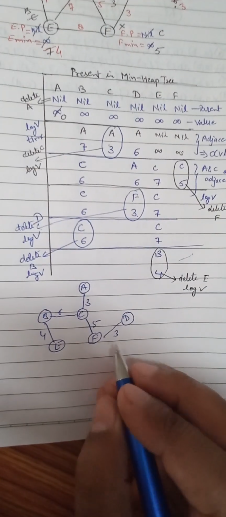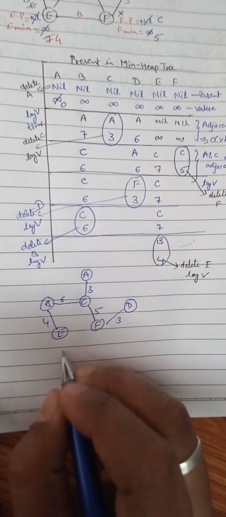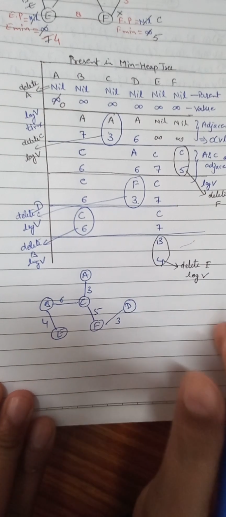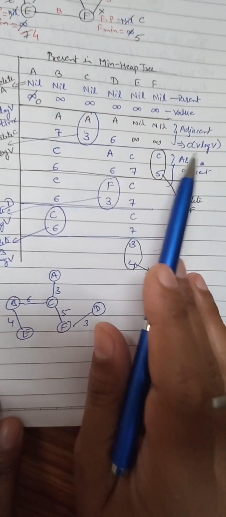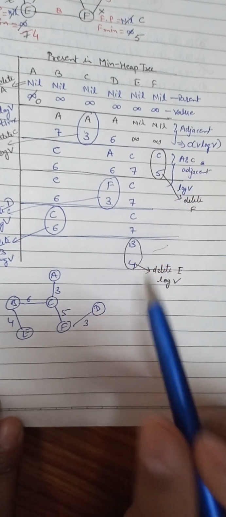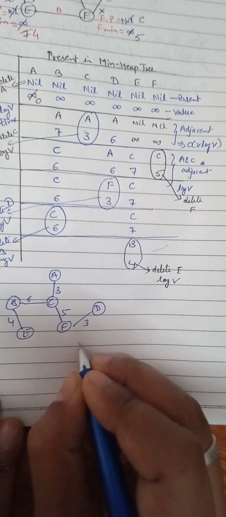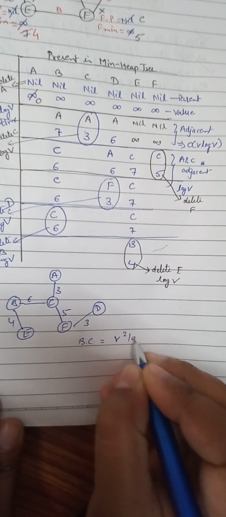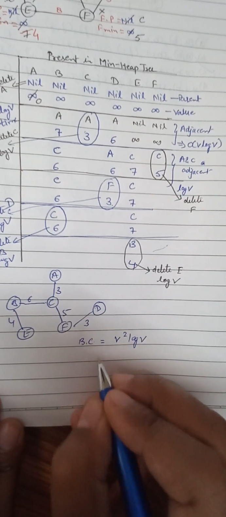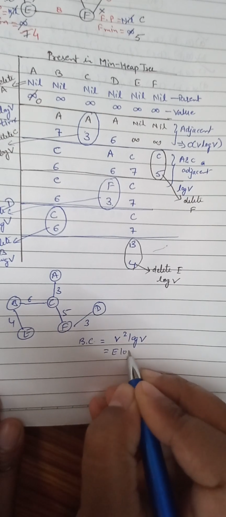So we can say simply V vertices, and how many times we have to go, V log V.